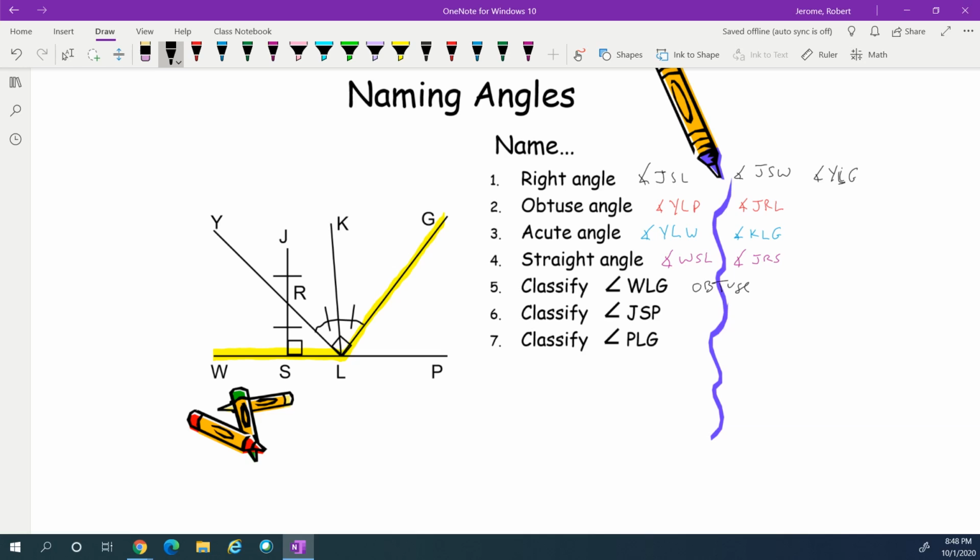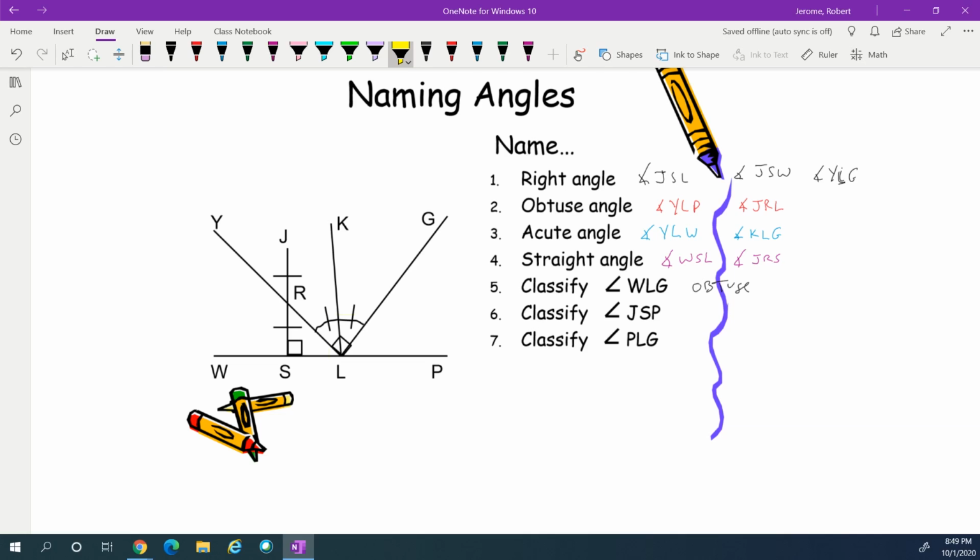Now, we don't have measurements, but look at it. It includes this right angle, and it goes past it. So it has to be more than 90. So even without numbers, we can reason this out.